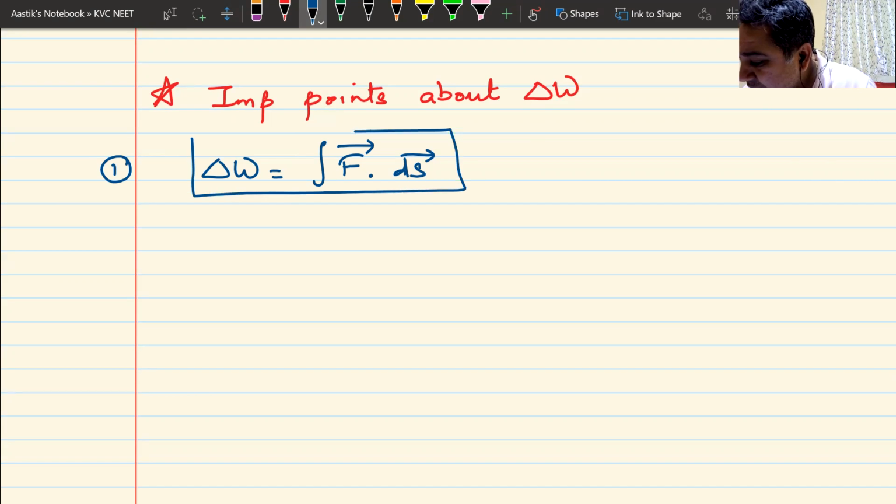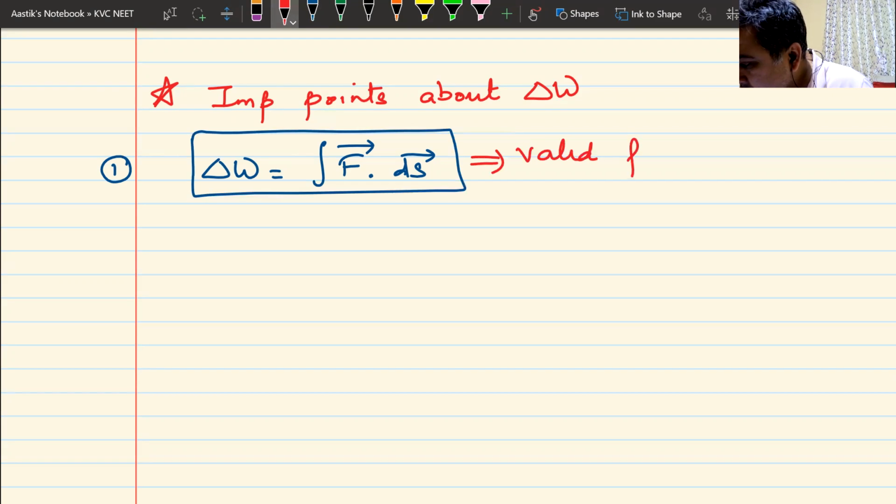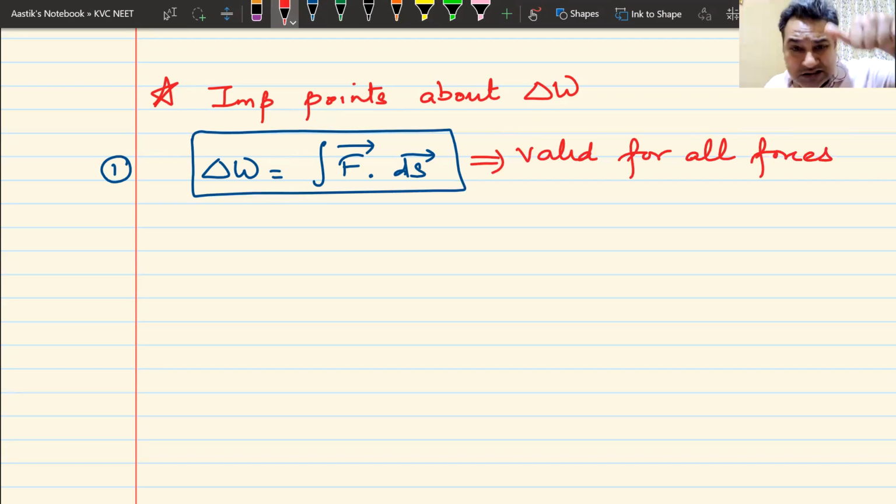This is the most basic definition of work done, and it is valid for all forces, whether these forces are constant, variable. There will be other types of forces also that are going to come, conservative, non-conservative, everything. This formula is valid for all forces.